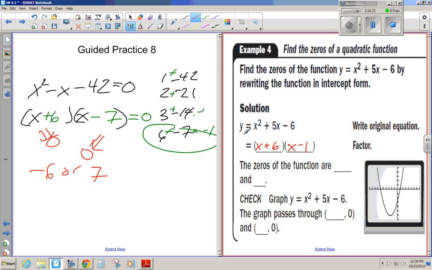The zeros of the function are negative 6 and 1. Negative 6 is right here, 1 is right there. So then you can check. The graph passes through negative 6, 0, and 1, 0.